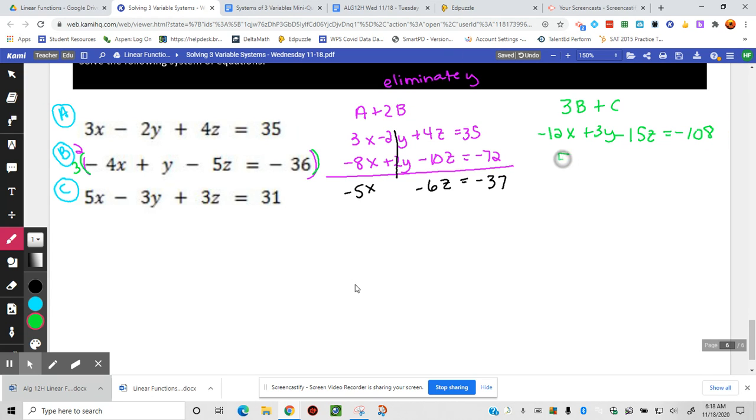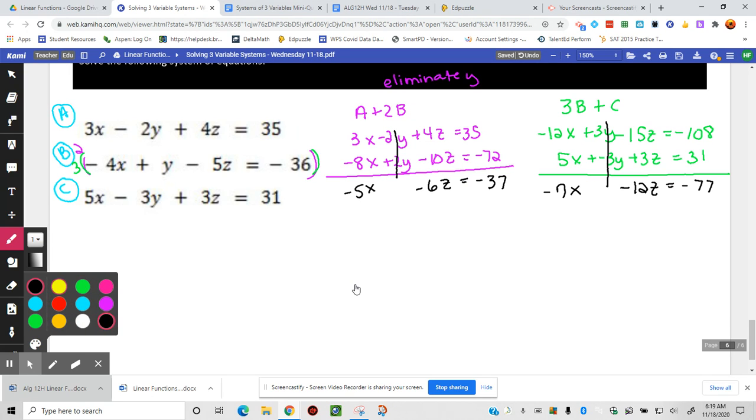All right, and I'm going to just rewrite c. When I add these together, I get negative 7x, my y's cancel, I get negative 12z, then I get negative 77.